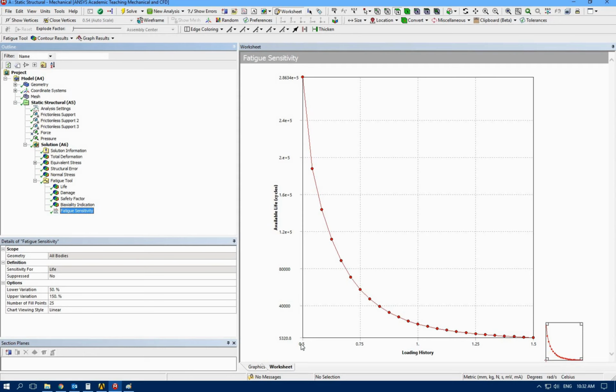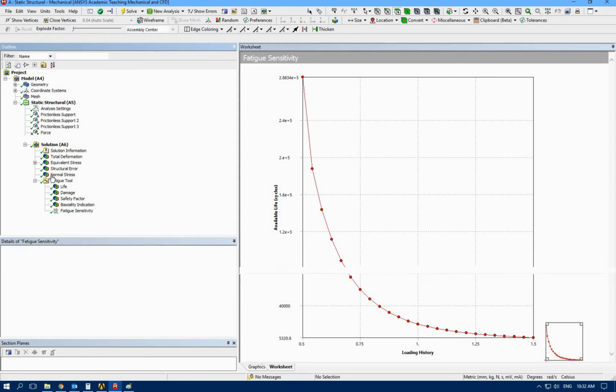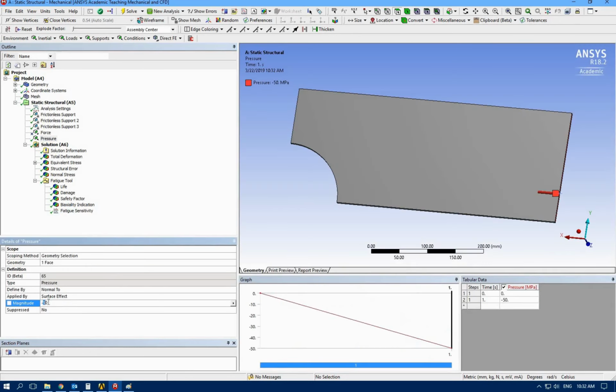Let's decrease 50%. I'm going to decrease 50%, so 25.